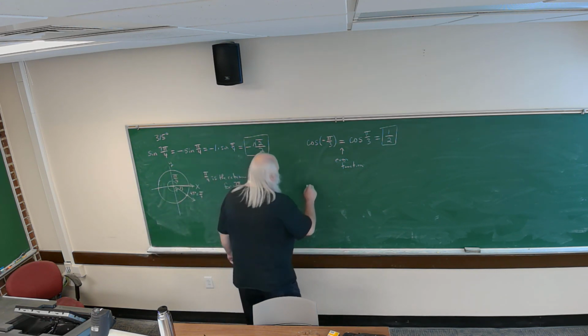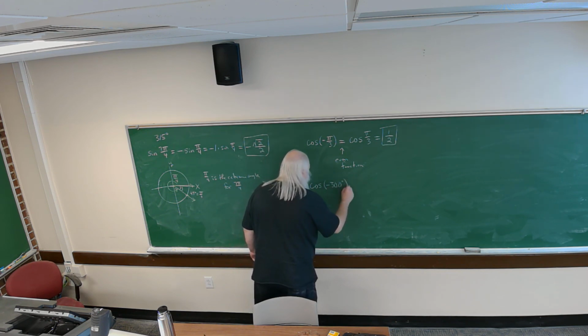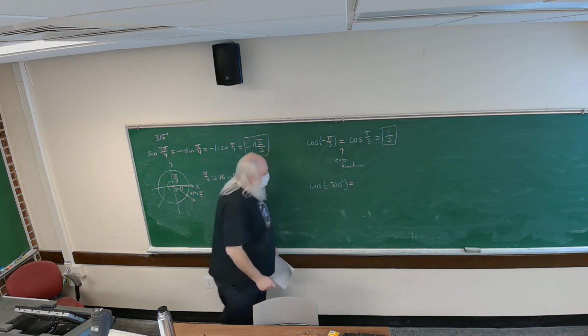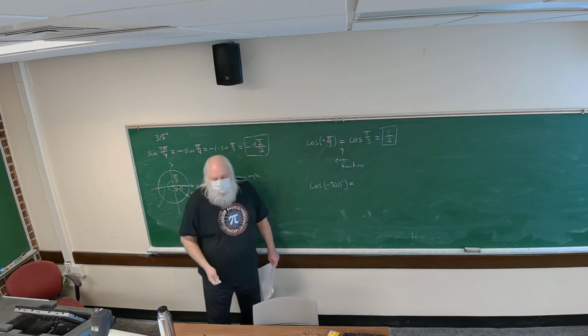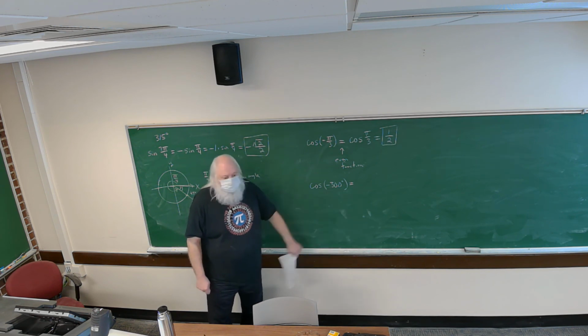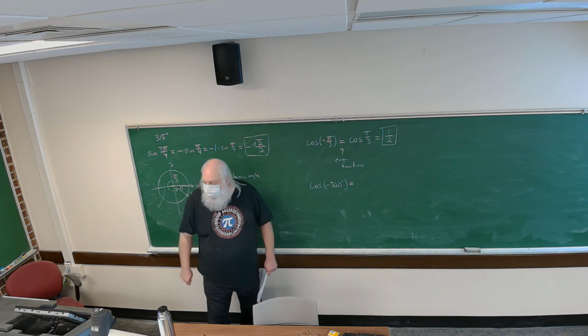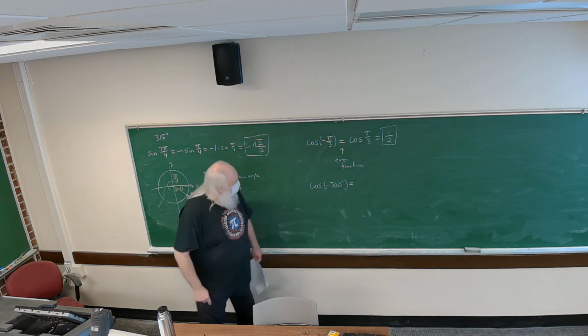Then we have the cosine of minus 300 degrees. Now you're going to find that there's more than one way to skin a cat when you're solving these expressions. You could say, okay, cosine's an even function, so this is going to equal the cosine of plus 300 degrees. I think there's a better way. Remember we talked about periodicity in terms of radians?